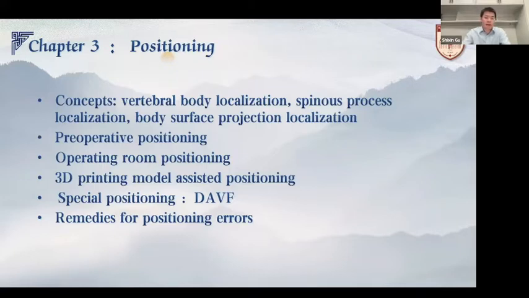Generally speaking, if you can use these positioning methods I mentioned earlier, the error will not exceed one segment. The stability of the spine needs to be re-evaluated to decide whether to do one-stage or two-stage internal fixation.